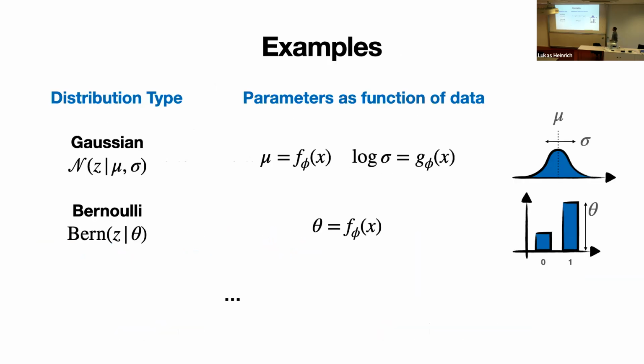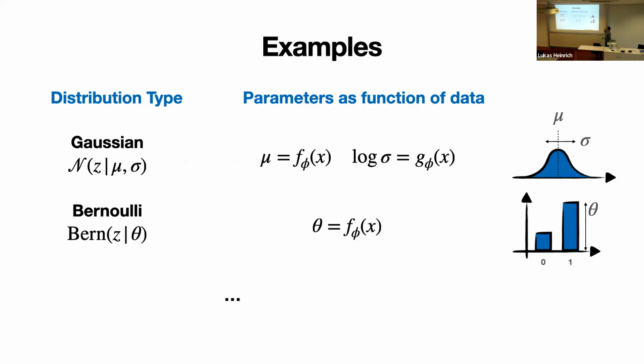Okay, so here are some examples. We have a Gaussian distribution, as we said. The Gaussian distribution has two parameters: the mean parameter and the parameter for the variance, or the width of this bump that we have.